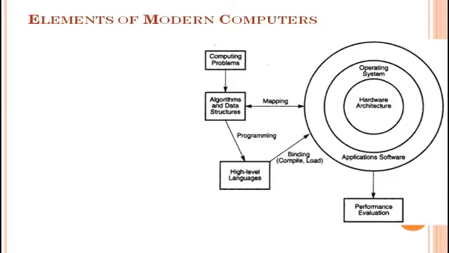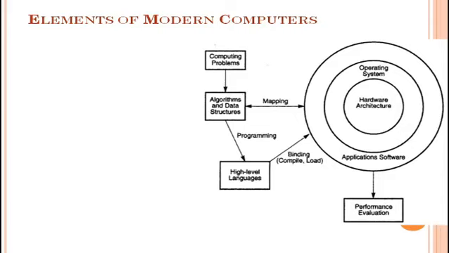So first a computing problem is analyzed, then after analyzing the problem we are going to write the algorithm and we are going to use the data structures available. Then those algorithms and data structures are mapped with the operating systems and the hardware architecture.